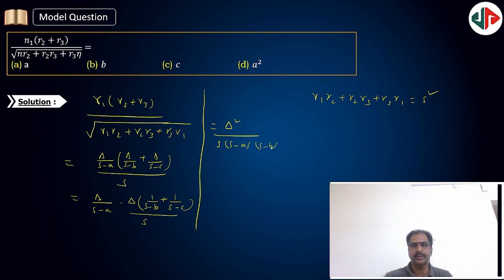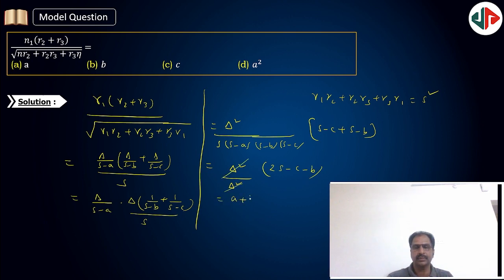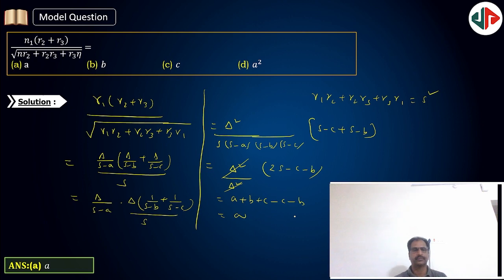The LCM is S minus B into S minus C. Then what is left out? 1 into S minus C after taking the LCM, plus 1 into S minus B. And by Heron's formula, the denominator is delta square. S plus S minus B plus S minus C minus 1. Delta square gets cancelled, and we know that 2S is nothing but A plus B plus C. So minus C minus B, which is nothing but A. Option A is correct.